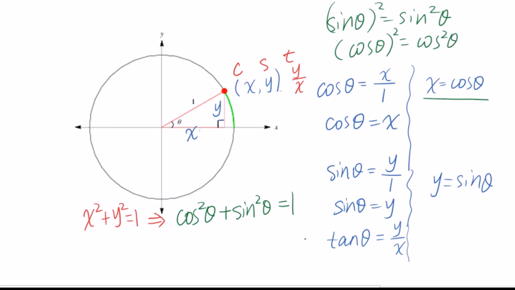And from tangent theta equals y over x, we get tangent theta equals sine theta over cosine theta.